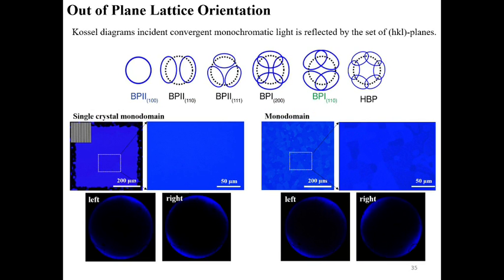Kossel diagram, which is a technique where we use an optical way to interpret the lattice orientation. We found that all the blue color showing here, which has the circle, represents the 100. We also observe the two curved lines, which is the 110, and the three or six curved lines represent the 111 lattice plane.